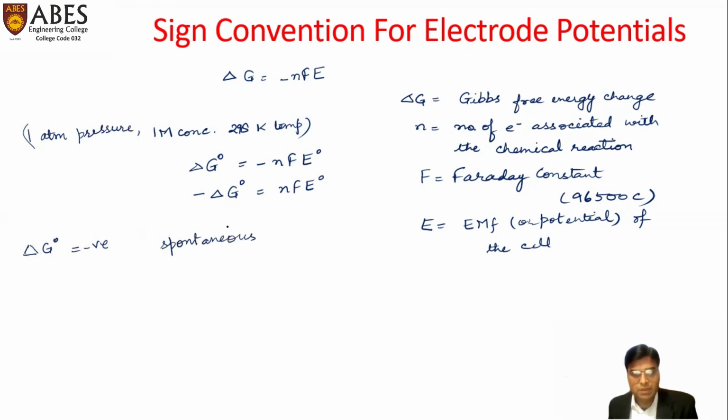But we should remember that if it is a negative term, then E should be positive. It means a positive value of E naught shows the spontaneous reaction. Similarly, if delta G naught is positive, it is showing the non-spontaneous reaction.